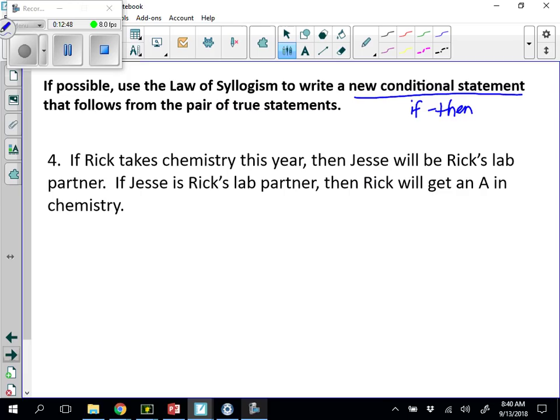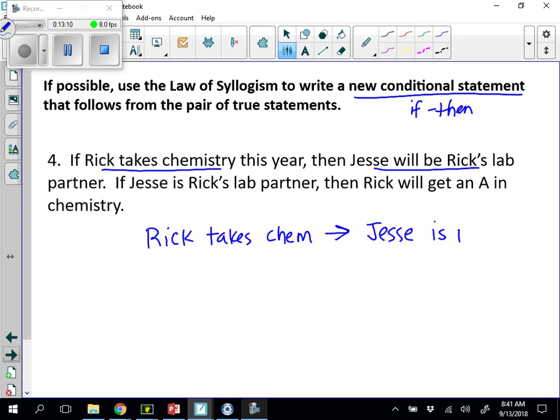So I like to break down the two if-thens, and I'm going to take out all the keywords. So if Rick takes chemistry, Jesse is his partner. So I'm going to abbreviate a little bit. Rick takes chemistry. I'm just going to abbreviate chemistry. That leads to Jesse is partner.